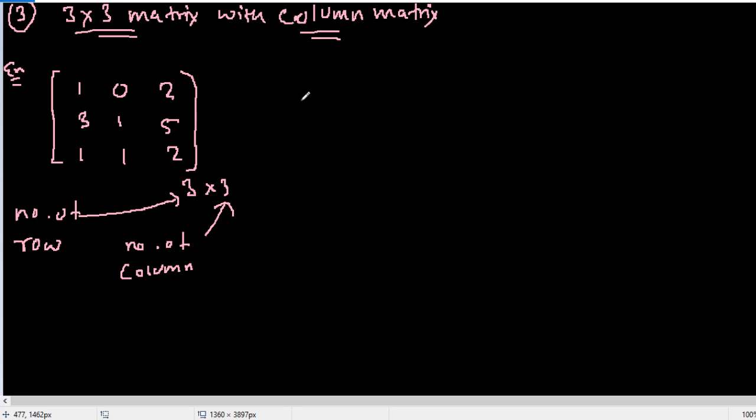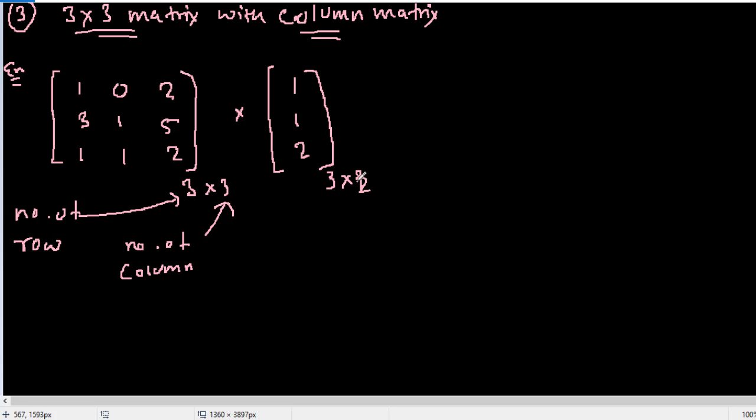Now we have to take a column matrix to multiply this with. So I am going to take a column matrix, a simple example: 1, 1, 2, and the order of this matrix is 3 cross 1.